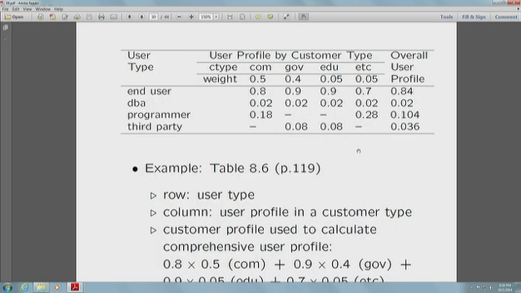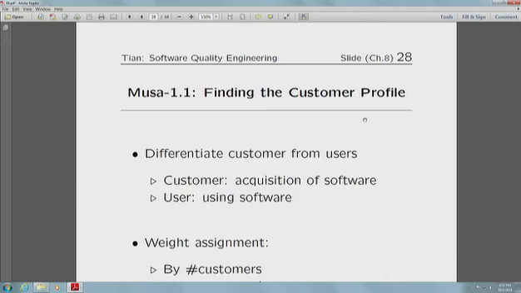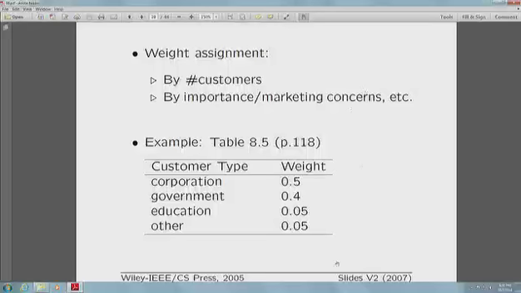And then you have to say what's the overall importance in terms of generating the different kinds of operations. So now you have this profile, this profile, this profile, and we had this profile before.